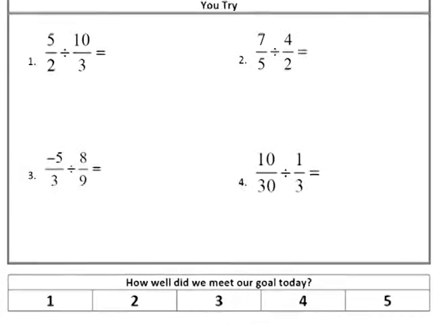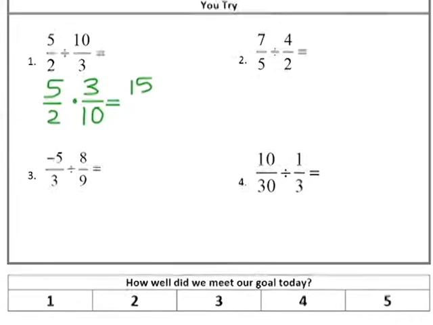Give 1 through 4 a try. Come back when you're ready. All right, let's walk through one of them together, and then just give you the answers to the others. 5/2. Division becomes multiplication. 3/10. Take the reciprocal of the second fraction. You should get 15/20. I see a set of 5 in each of those. So that's 3/4.